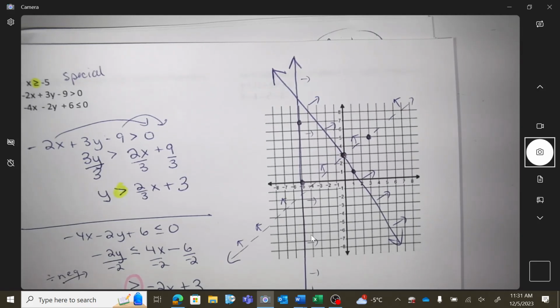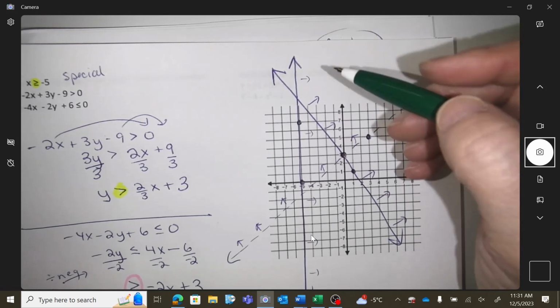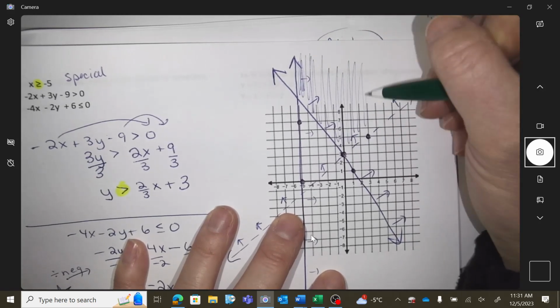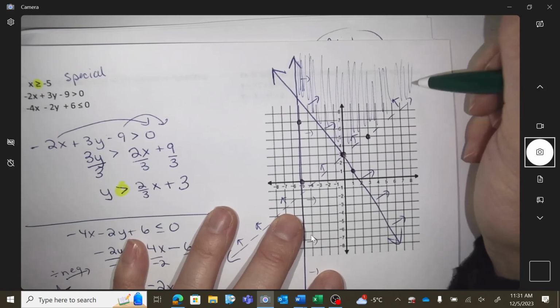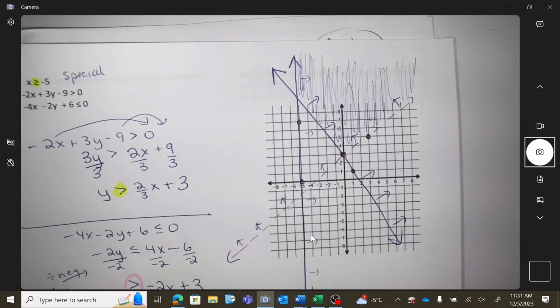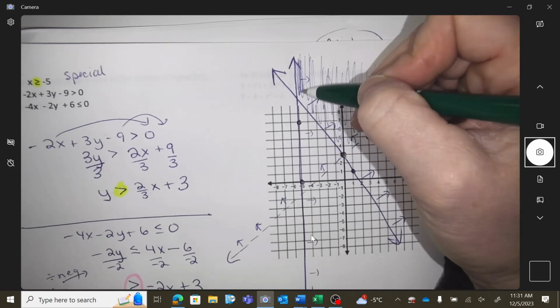Okay, so where do I shade? Where are all the coordinates that work for all 3 items? Any coordinate in that region, right? And you have to stop at this line. Remember that?